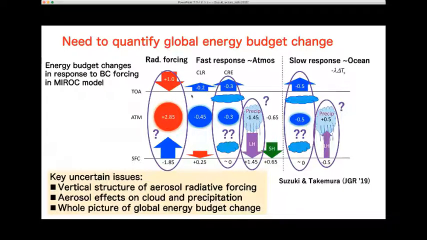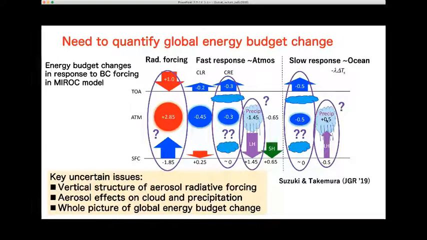This is just a model-based estimate using our MIROC model, simulating the changes in the different energy balance components in response to the change in black carbon. There are a bunch of numbers here, but these are just model-based estimates, and there are several uncertainties assigned to each component of this energy budget.